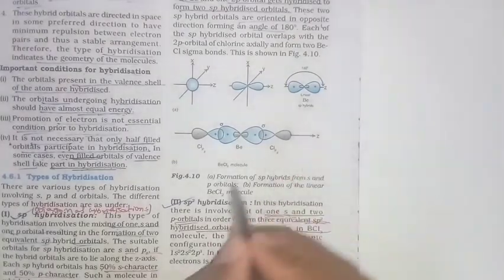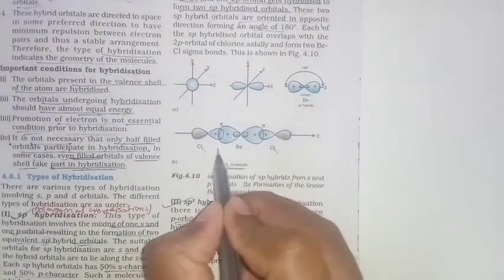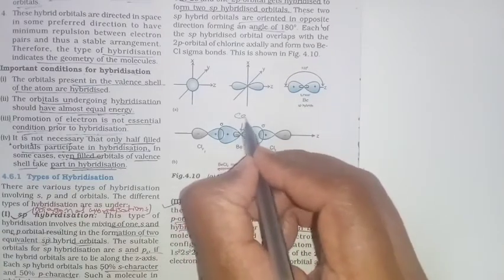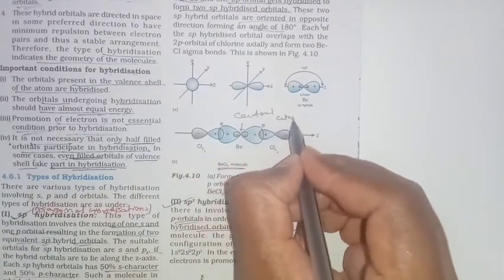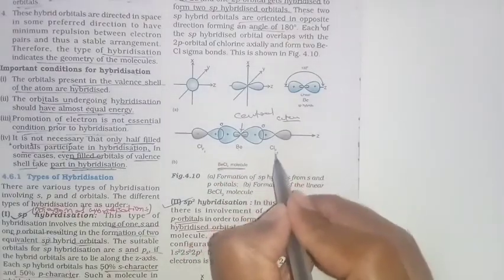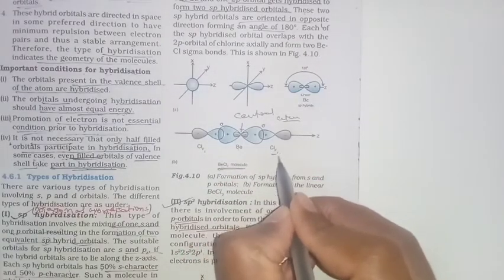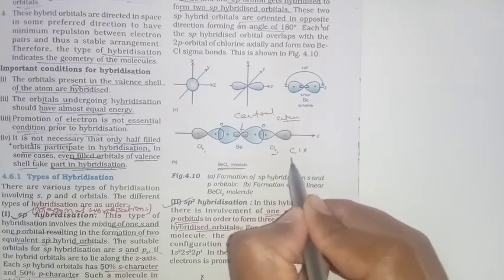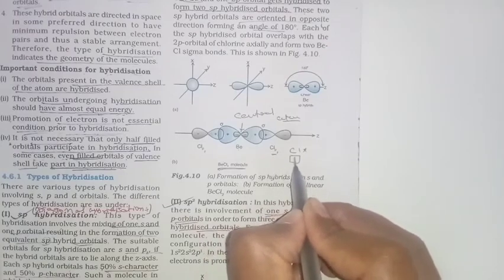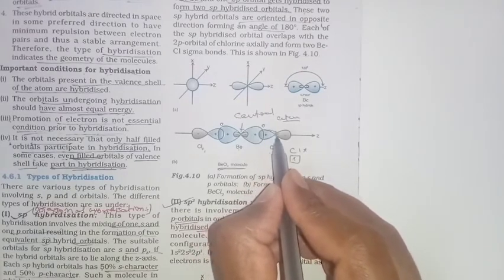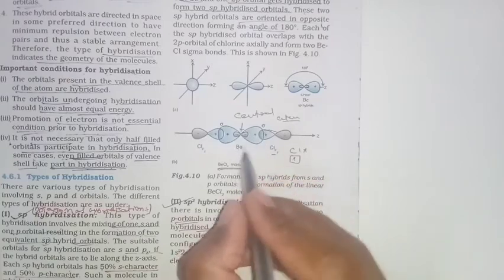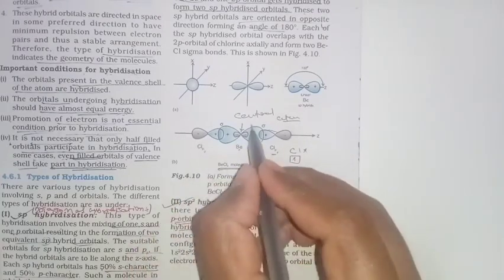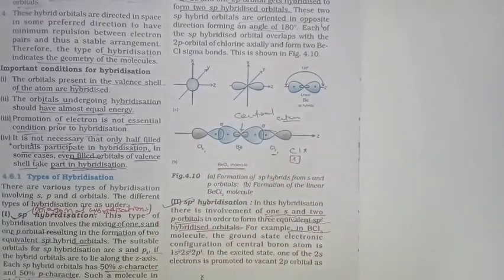Beryllium is our central atom, and the chlorine atom has an unpaired electron in its 2pz orbital, which is hybridized with the orbital of the beryllium, and it forms a sigma bond.